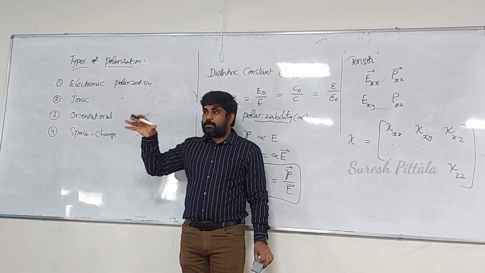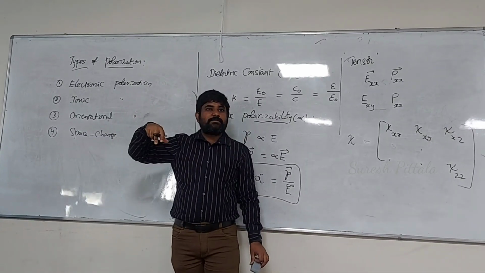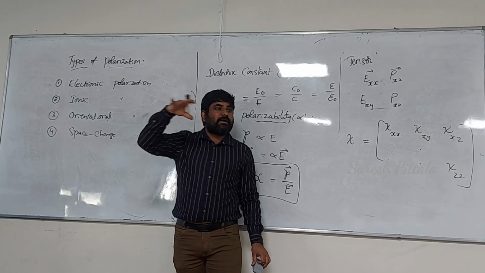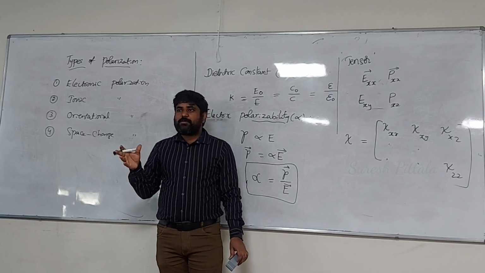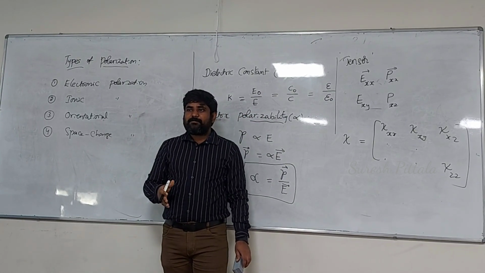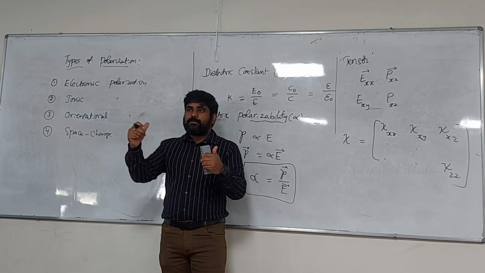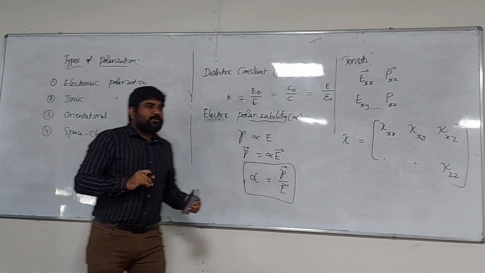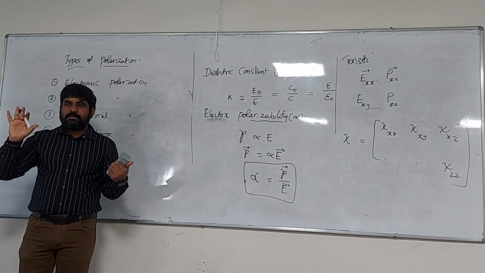So you need dipole moments to talk about polarization, which means you need a dipole. What is an electric dipole? Two equal and opposite charges separated by a distance. Very good. So you need a separation between the charges. That's all in simple cases.